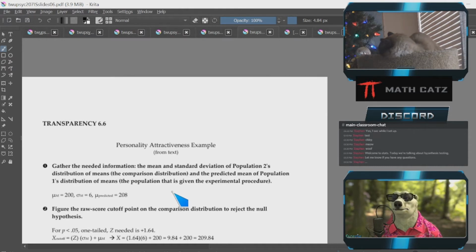Was it the personality rating based on attractiveness? Or it doesn't actually matter. We have our baseline population of 200, and we're trying to see if the rating increases by way of this extra information provided to the people in the survey.